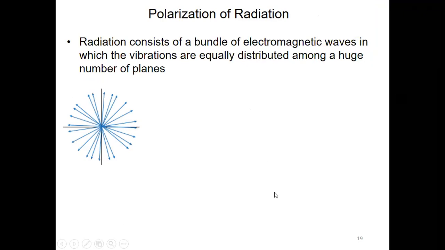The polarization means normally when we take a radiation, it has vibrations in all directions, right? You will see the blue colored things are the vibrations. Those vibrations are equally distributed in different planes.